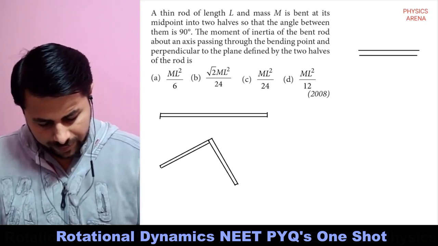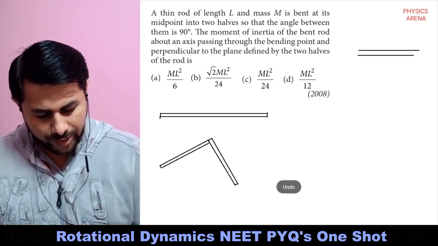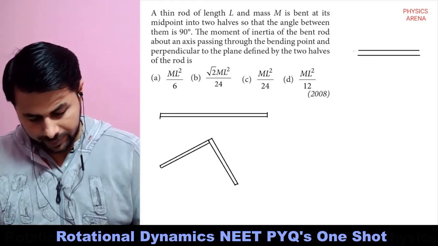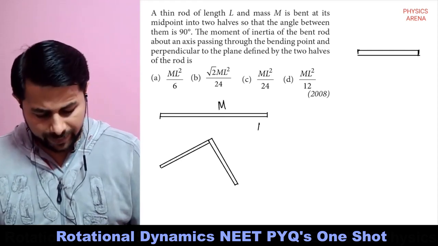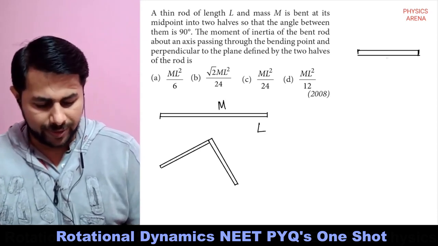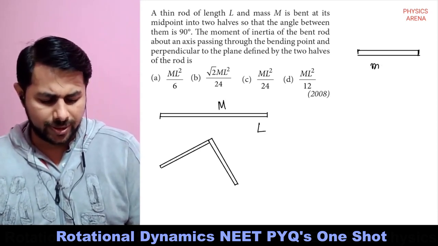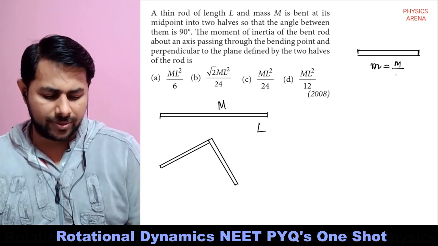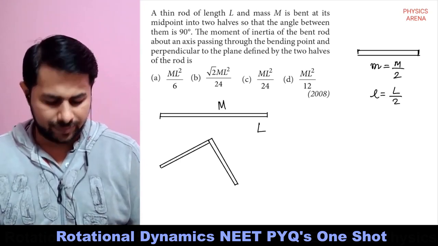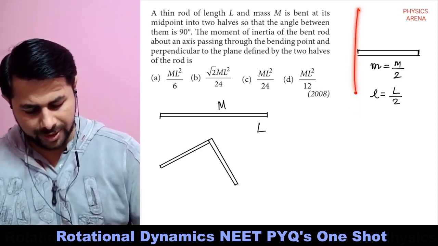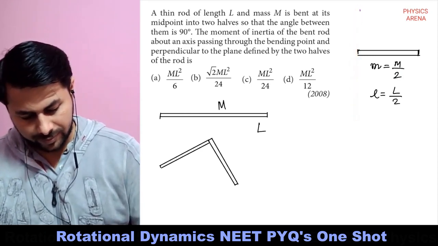So for this one, mass is M, length is L. For this one, the mass is small m, which is M by 2, and length is small l, which is L by 2. So how much would be its moment of inertia about this axis?